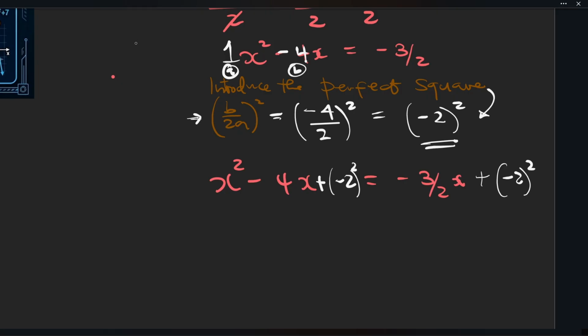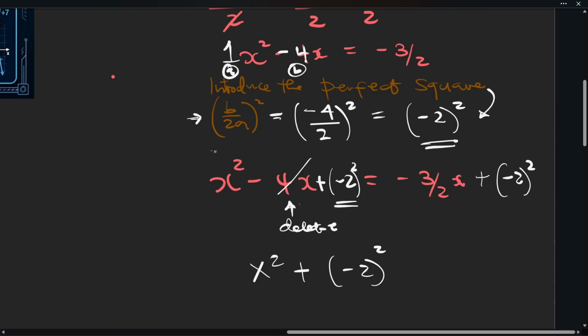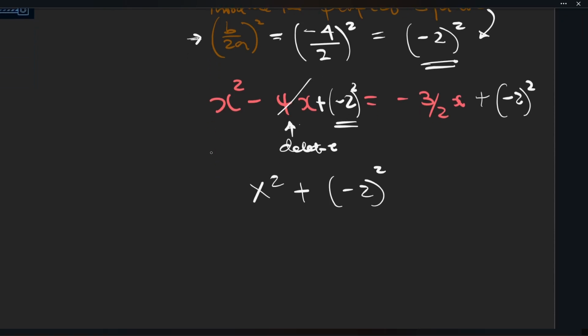I told you in the previous video, once you introduce your perfect square, you can easily delete the term carrying x. Because you're left with x squared plus negative 2 squared, now you have two squares, you can combine them and put them under the same square. That will be x minus 2 squared.